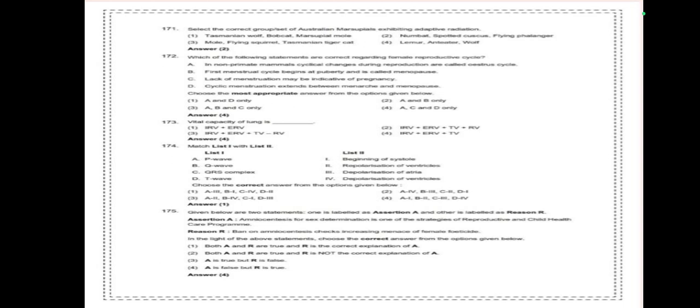Choose the most appropriate answer from the options given below. Answer is 4. A, C, D only. In non-primate mammals, cyclical changes during reproduction are called oestrus cycle. Lack of menstruation may be indicative of pregnancy. Cyclic menstruation extends between menarche and menopause.